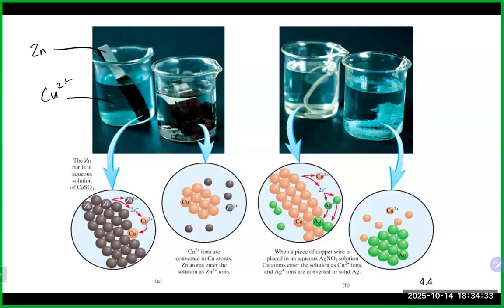So in this particular case, the zinc will lose electrons. And when it does, it actually will jump off the solid and go for a swim as zinc with a +2 charge. When it loses those electrons, it will send them over to the copper, which will pick up the electrons and go from copper with a charge to solid copper.